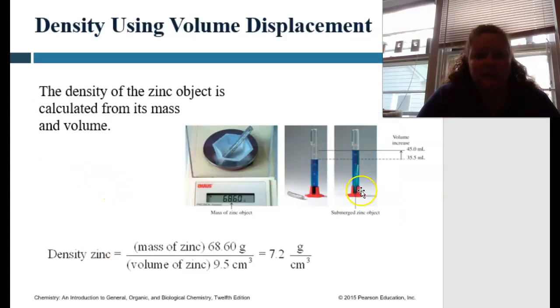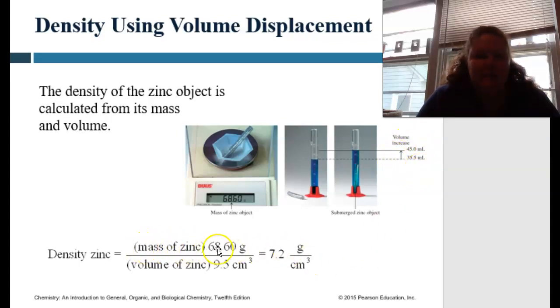So again, this is how we would do it. The density of the zinc object is calculated from its mass and volume. You can see our volume increase from before we put the zinc in to after we put the zinc in is going to be this here. So what we would do is subtract 35.5 from 45 milliliters to figure out the volume of water that was displaced.